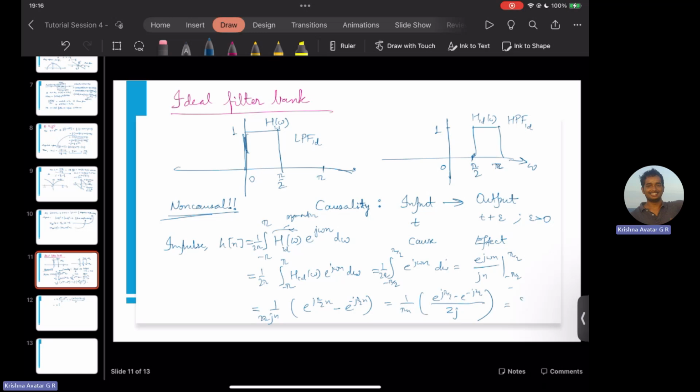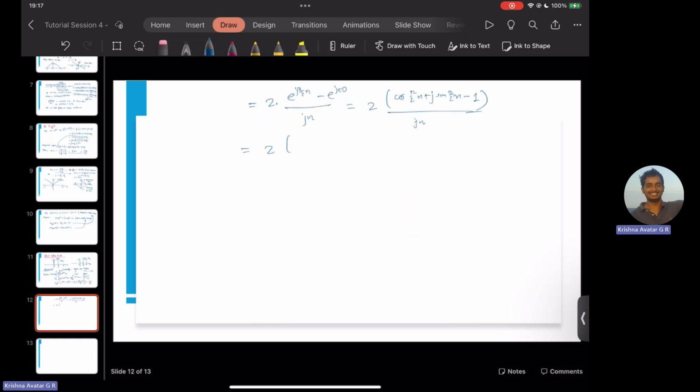And this is nothing but sine pi by 2n divided by pi n. So I believe this was unnecessarily complicating things the way we chose it to be. Of course, it should be identical, but it's introducing complex expressions. Now, how about that for a high pass filter?